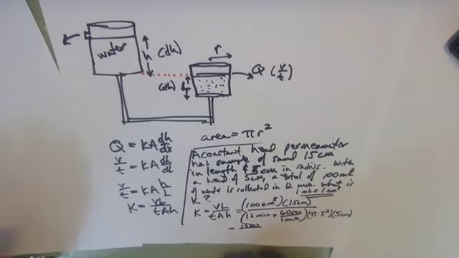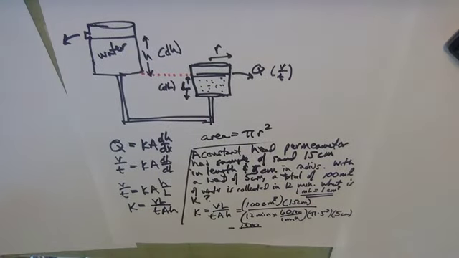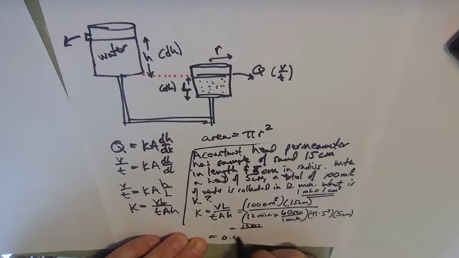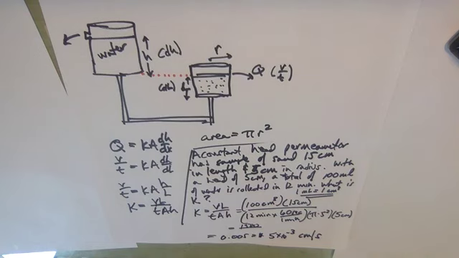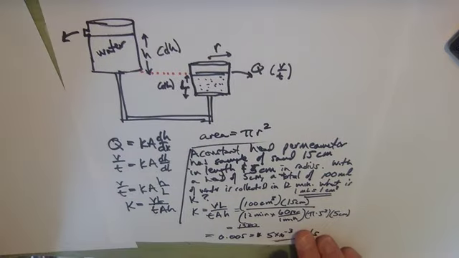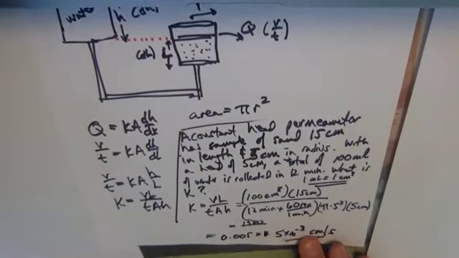And so this divided by this is 0.005. So whatever this is, it comes out to 0.005, or 5 times 10 to the minus 3 centimeters per second, which is a reasonable value for the hydraulic conductivity of a sand.